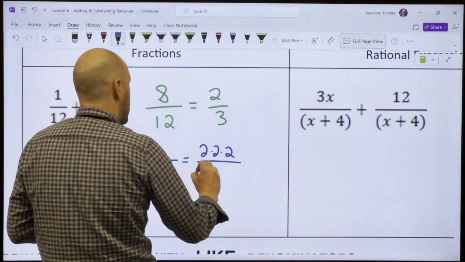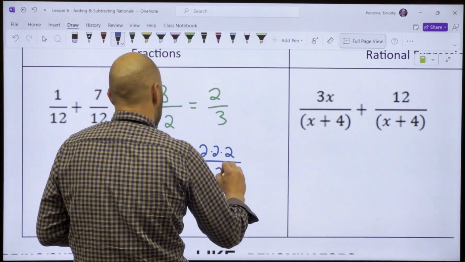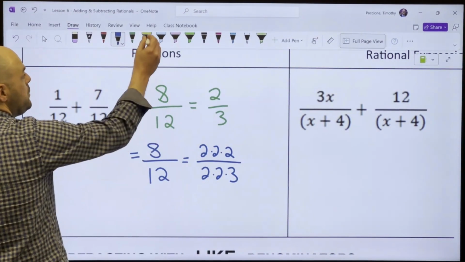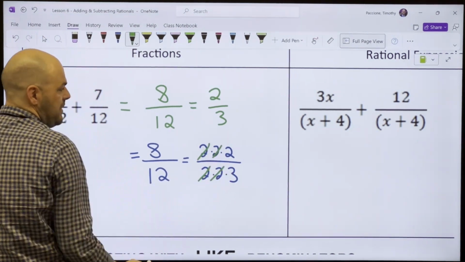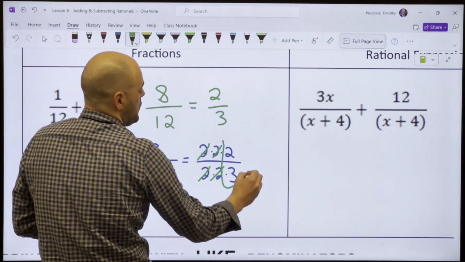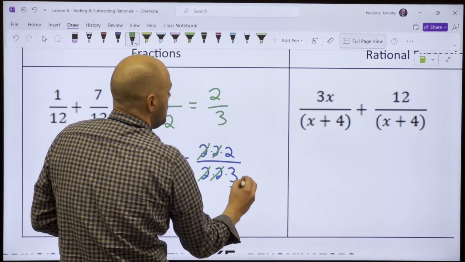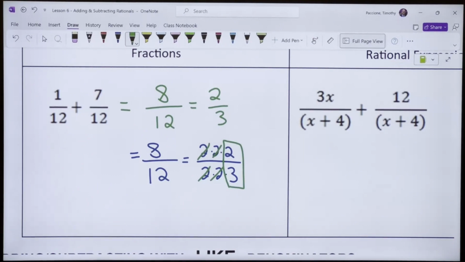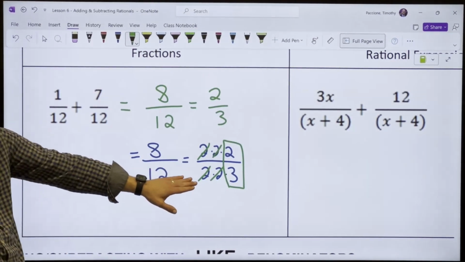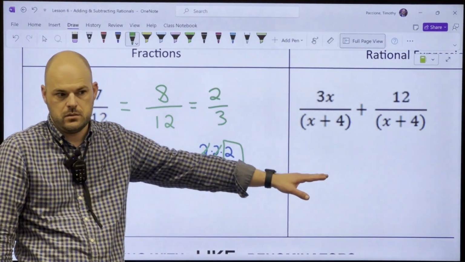And then 12 breaks down to 2 times 2 times 3. And then I see what cancels, right? And I'm left with 2/3. Now, was that necessary here? No, but it will be with polynomials, okay? That process of breaking down and canceling. So if we understand it here, it's sure going to help us over there, okay?